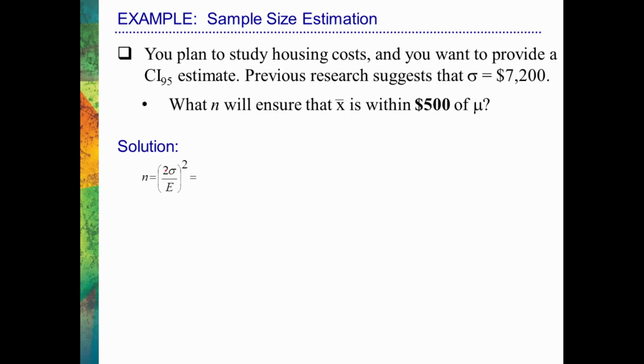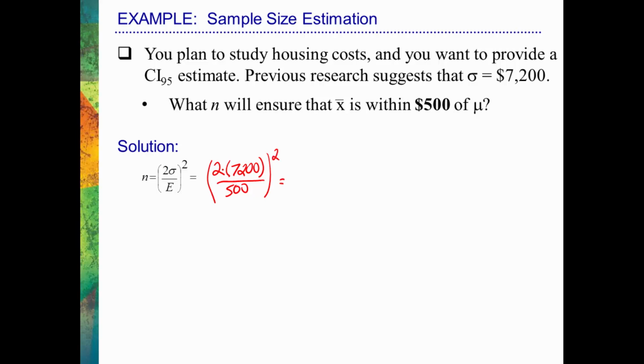We're going to take 2 times the standard deviation, and our standard deviation in this case equals 7,200. We're going to divide by our margin of error. We want to be within $500. Divide by $500, and we have to look really closely at our formula. We need to square that value. So I need to take this whole thing and square it.